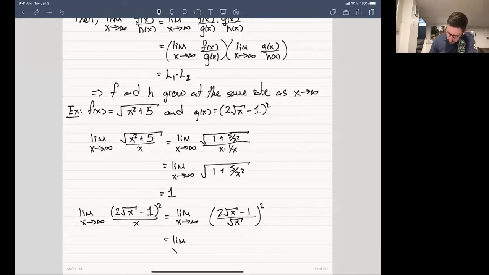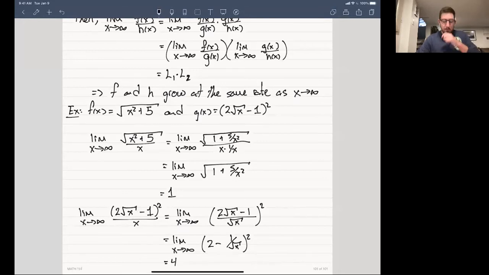And now I can distribute out this quotient, leaving me with 2 minus 1 over the square root of x, all squared. Now that 1 over the square root of x is going to 0. And so I get 2 squared, which is equal to 4. And so I can see that both f and g compare to x. They grow at the same rate as x. And therefore, since they grow at the same rate as a common function, they grow at the same rate together.